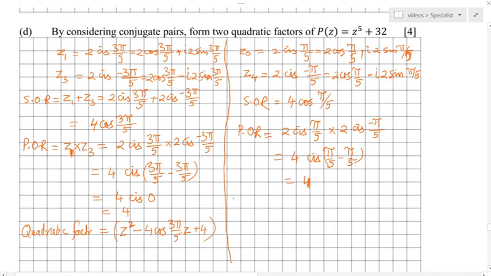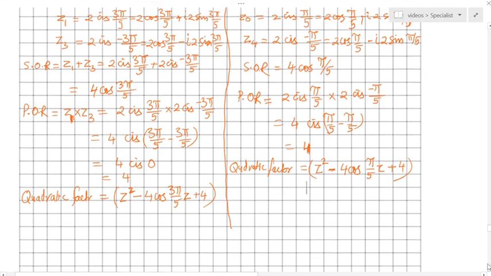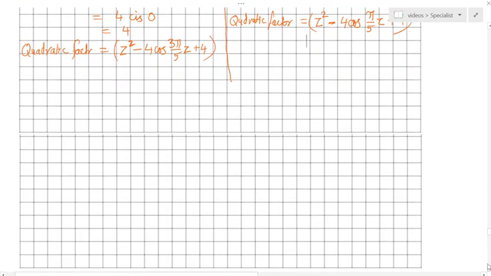So the quadratic factor here is z square minus sum of roots. Sum of roots is this, 4 cos pi over 5, z plus the product of roots, which is equal to 4. So these are the two quadratic factors corresponding to two pairs of conjugates here.